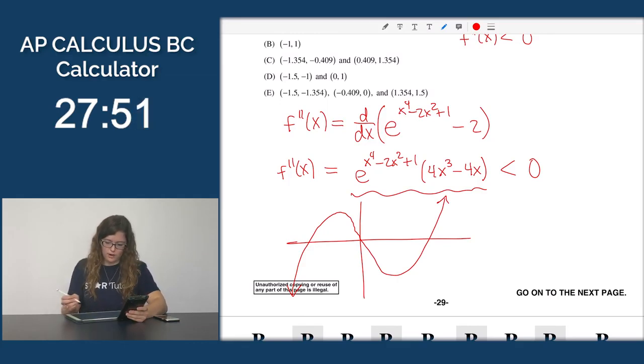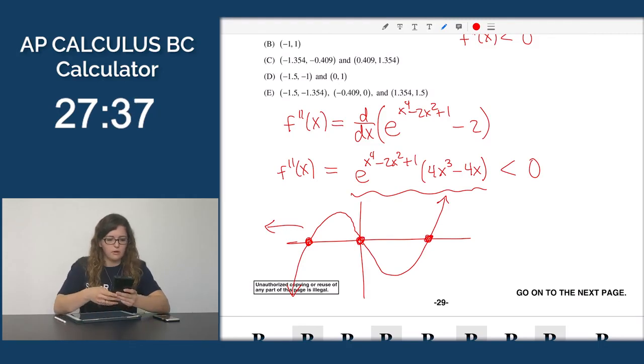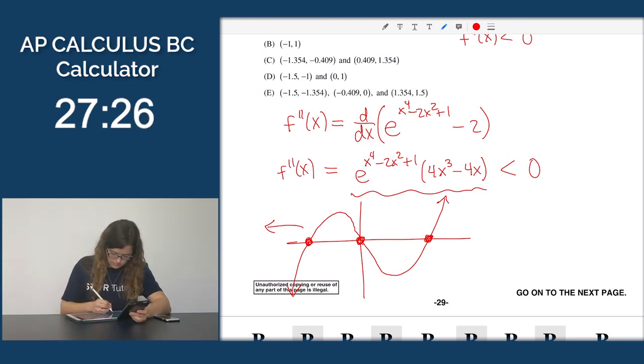Great. And I want to know where this function's negative. So I'm looking from whatever this point is to negative 1.5, and from 0 to whatever this point is. So I need to find those zeros of this function. The zero on the left side says it's negative 1. That's convenient.